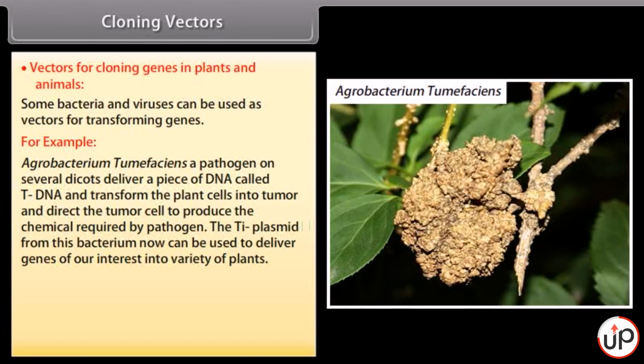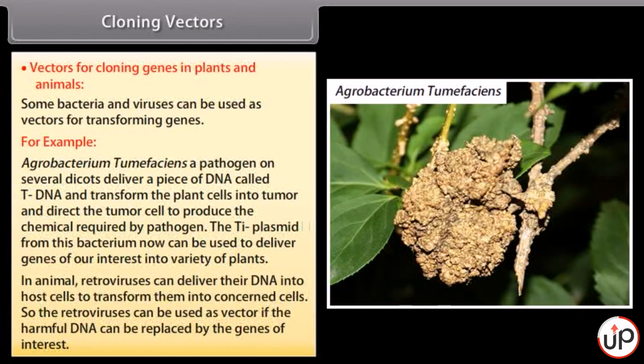The Ti plasmid from this bacterium can now be used to deliver genes of our interest into a variety of plants. In animals, retroviruses can deliver their DNA into host cells to transform them into cancerous cells. So, retroviruses can be used as vectors if the harmful DNA can be replaced by the genes of interest.